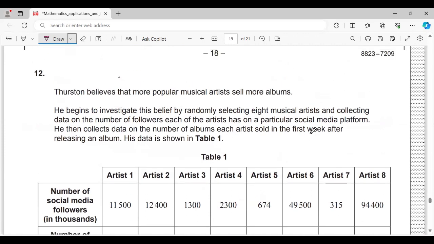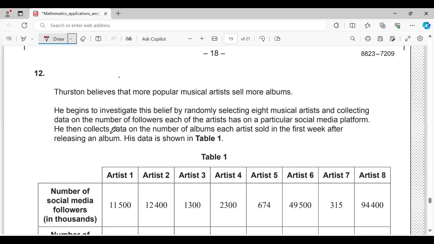Question 12. Thurston believes that more popular musical artists sell more albums. He begins to investigate this belief by randomly selecting 8 musical artists and collecting data on the number of followers each of the artists has on a particular social media platform.